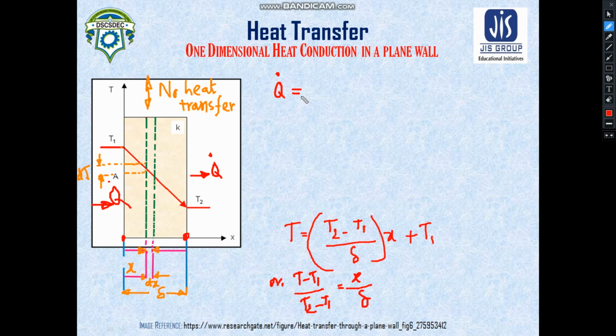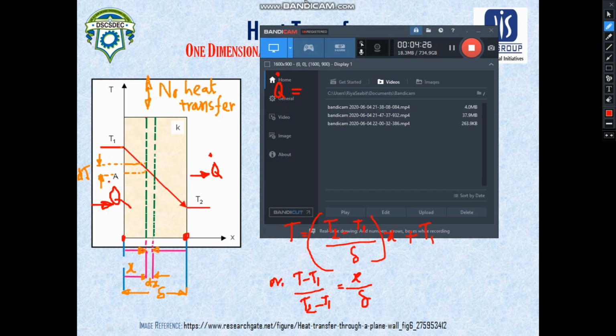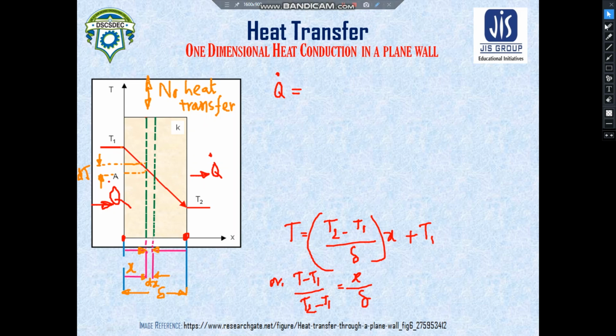Now according to Fourier's law, you know that heat flux is proportional to the negative temperature gradient.